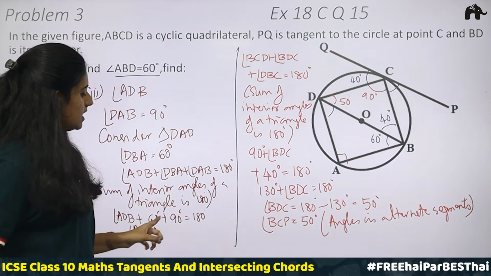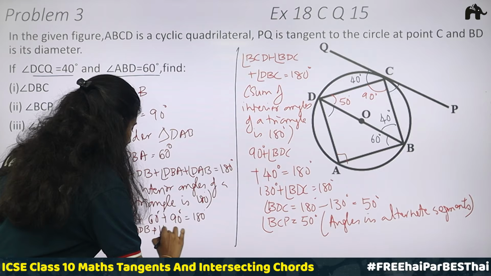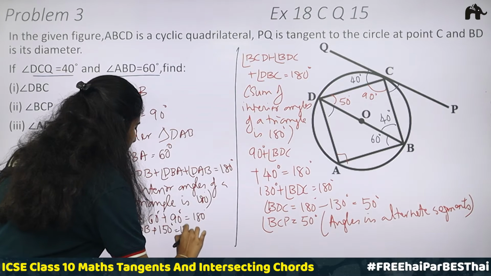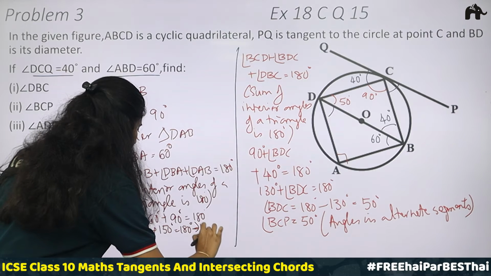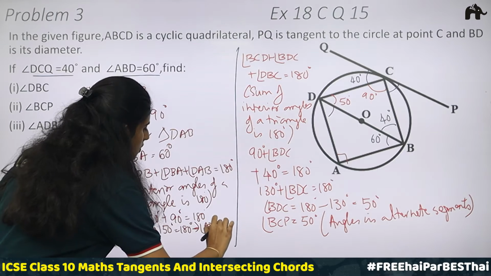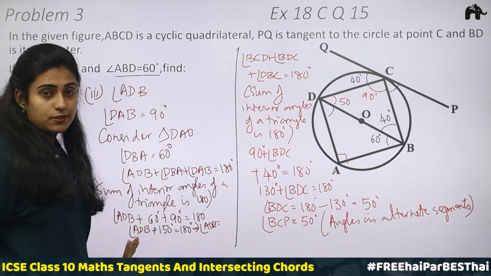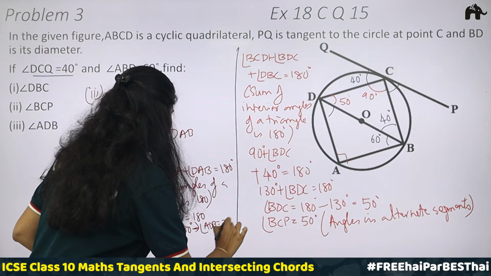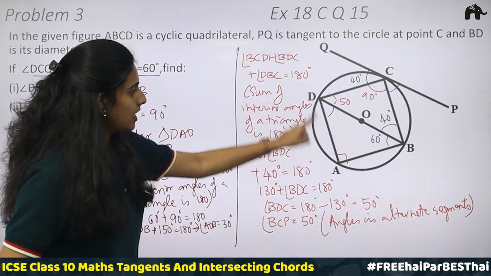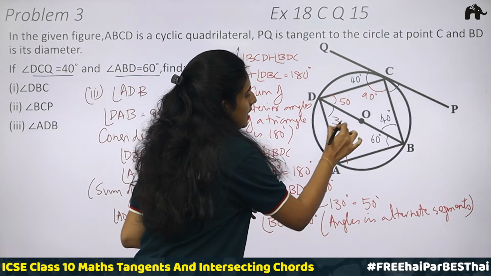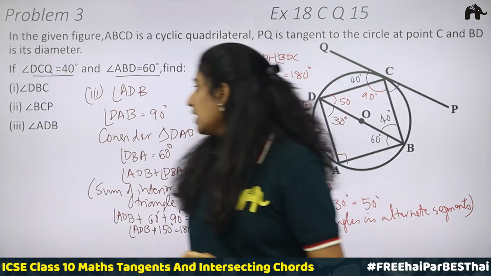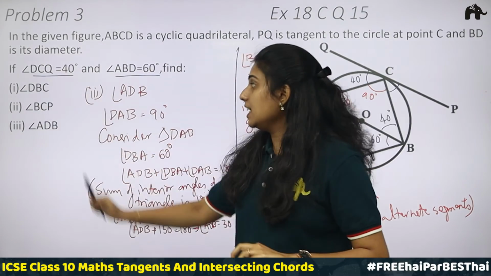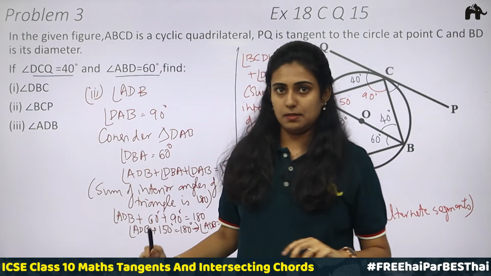ADB plus 60 plus 90, we get 150 degrees equal to 180 degrees, which implies ADB equals 180 minus 150. 180 minus 150 is 30 degrees. ADB, this angle is 30 degrees. Okay, so we have determined angles DBC, BCP and ADB.